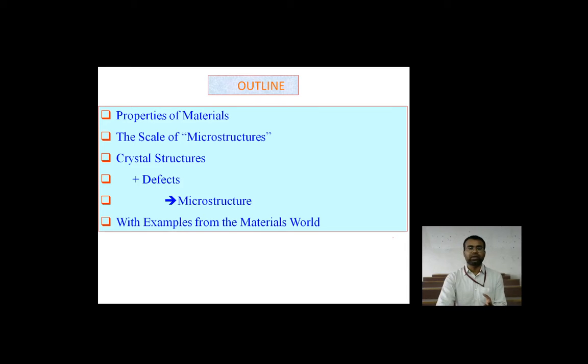Defects do not only harm the material; they can create or improve its properties. The microstructure can be managed to improve the various properties, with examples from the material world.